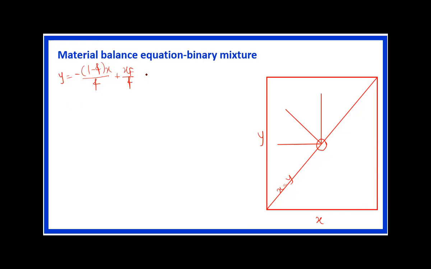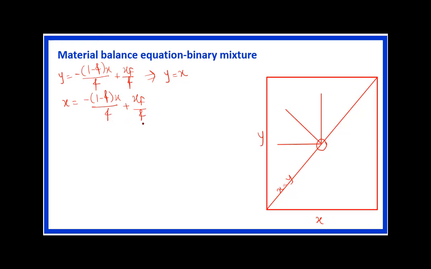So we know that on the diagonal y equal to x. So we can replace this y as x, then minus 1 minus f into x upon f plus xf upon f, right?